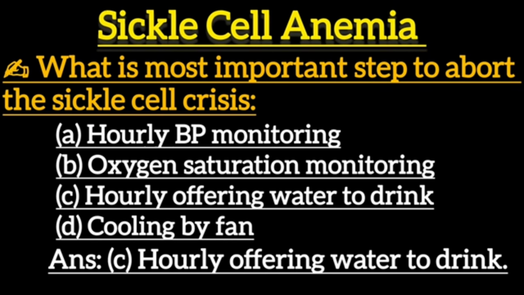Next one is what is the most important step to avoid the sickle cell crisis. Option A hourly BP monitoring, option B oxygen saturation monitoring, option C hourly offering water to drink, option D cooling by fan. Correct answer is option C hourly offering water to drink.